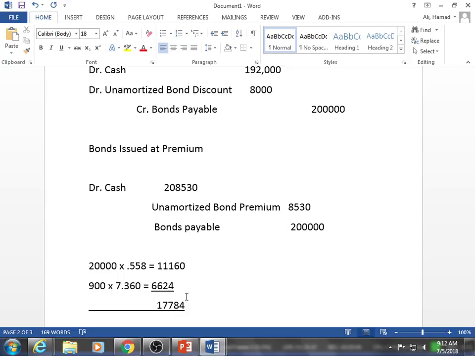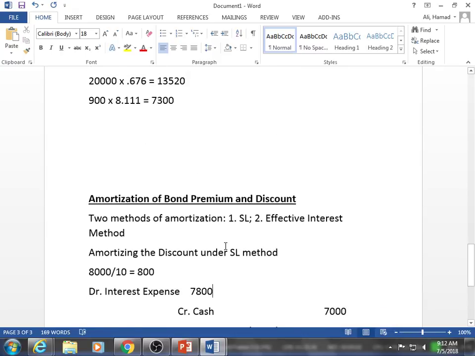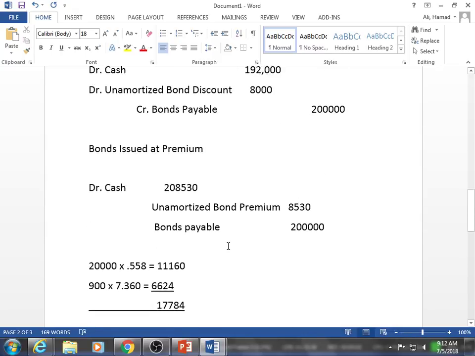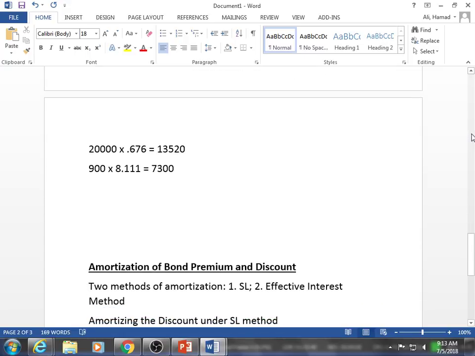Oh, I'm going to the effective interest method. Sorry, we're still in the straight line. With the straight line, the interest expense is still the same, 7,000.